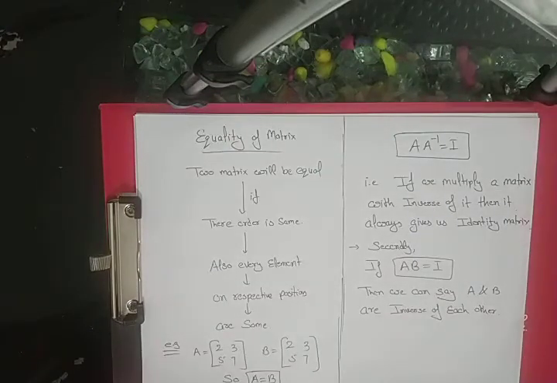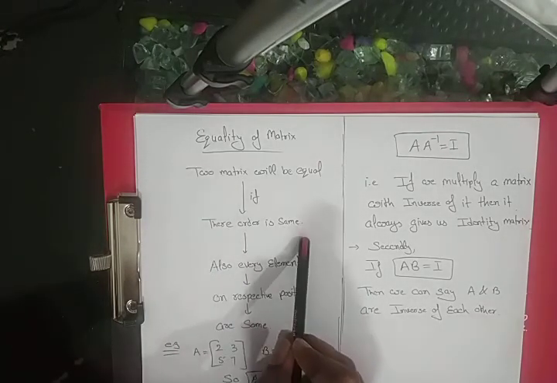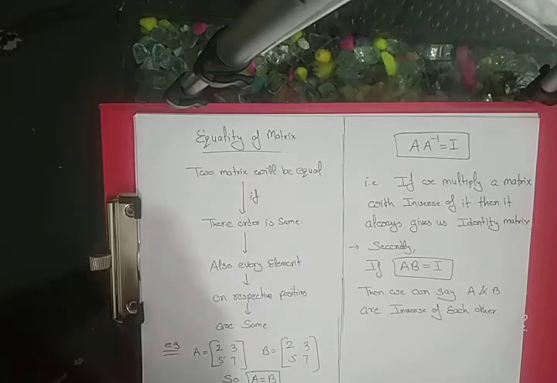Further, talking about equality of matrices, it is again a simple concept. Two matrices can be equal if they follow the condition that the order of both matrices should be the same, and secondly, every element should be equal, position-wise.